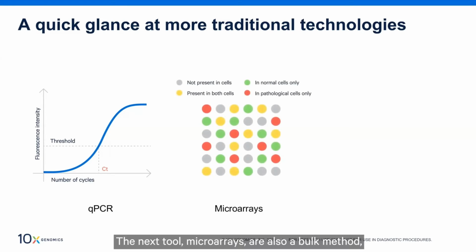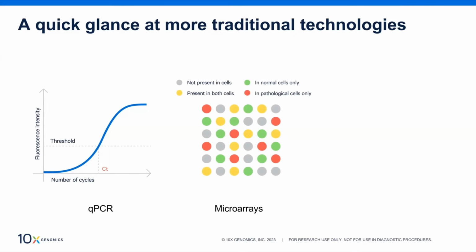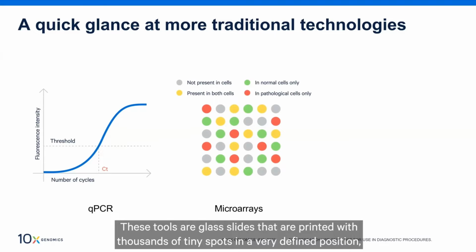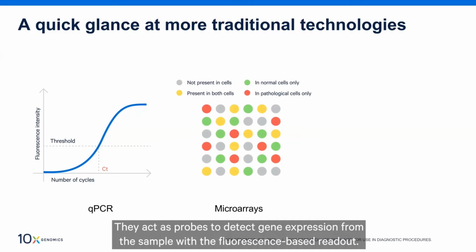The next tool, microarrays, are also a bulk method, but microarrays provide the additional benefit of being able to profile thousands of genes at a time. These tools are glass slides that are printed with thousands of tiny spots in very defined positions, with each spot containing a known DNA sequence or gene. So they act as probes to detect gene expression from the sample with a fluorescence-based readout.